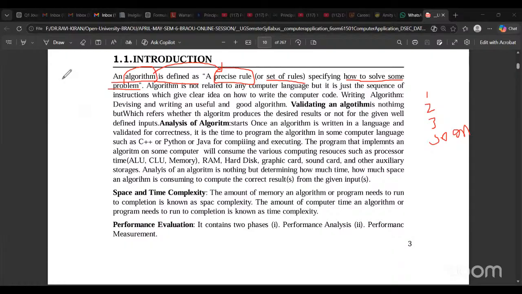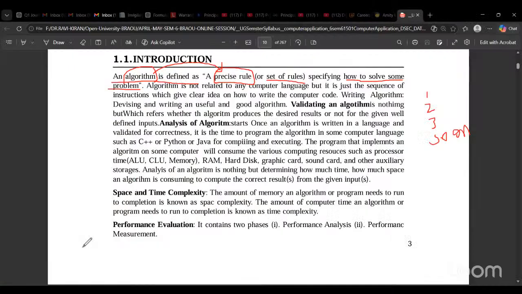Say I would like to go from one place to another place. To do that, we have some rules.